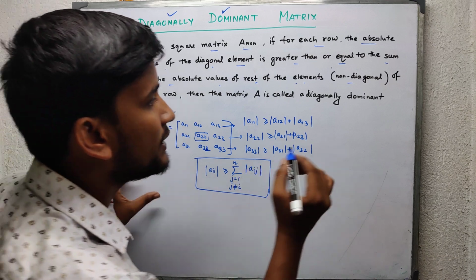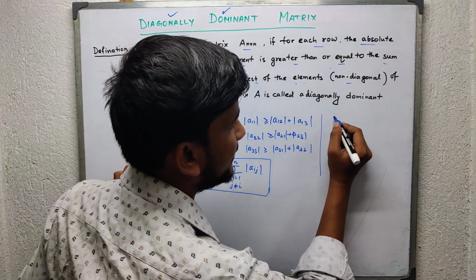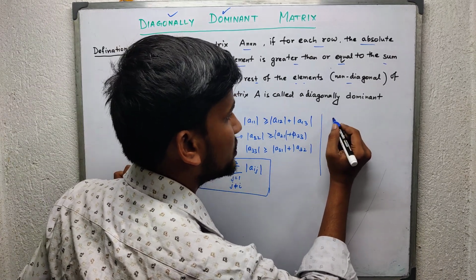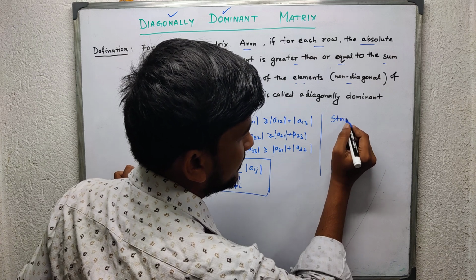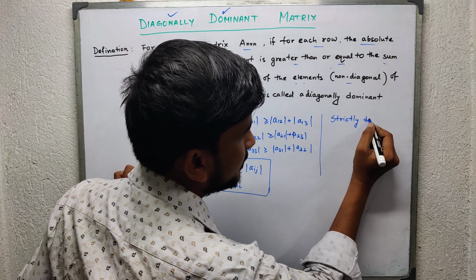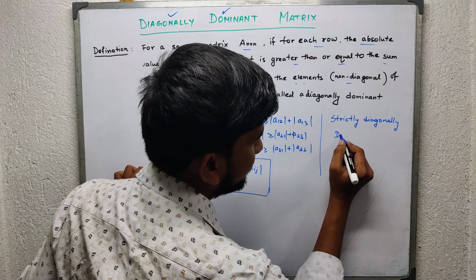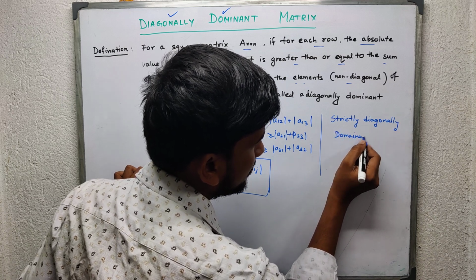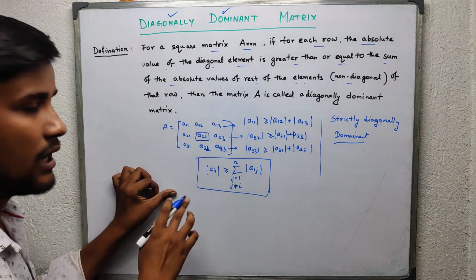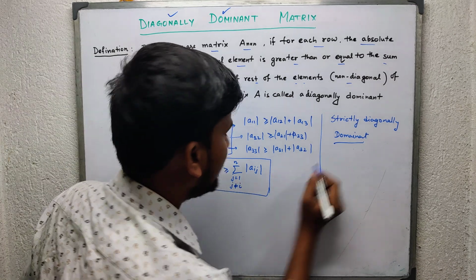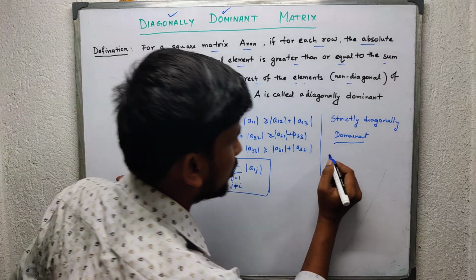Okay, now one term you can also relate is the strictly diagonally dominant matrix. I think you all are clear that strictly diagonally dominant means the equality sign does not occur here.